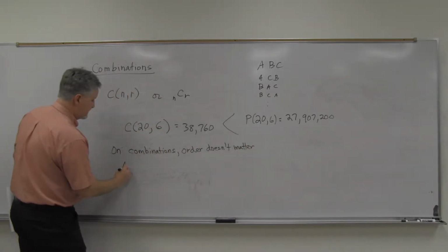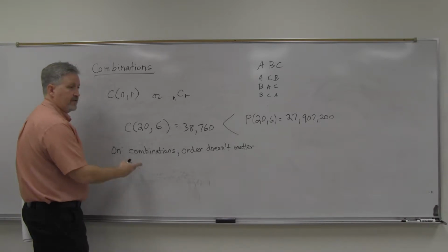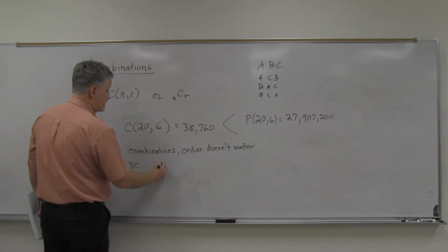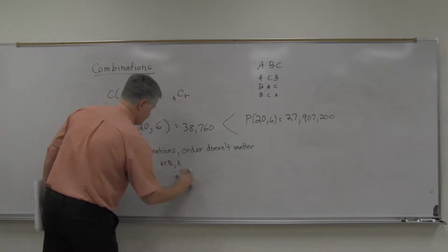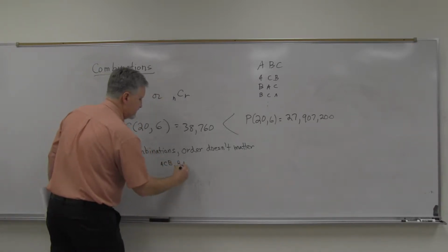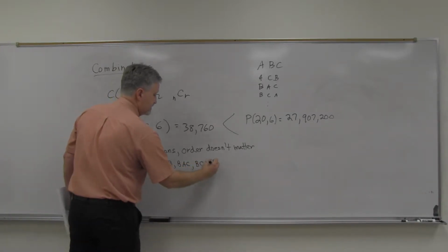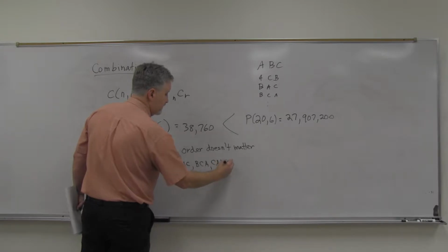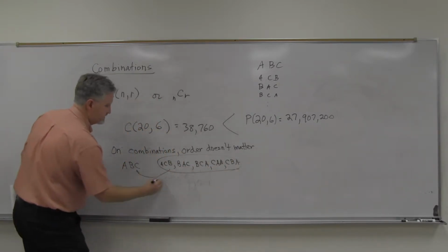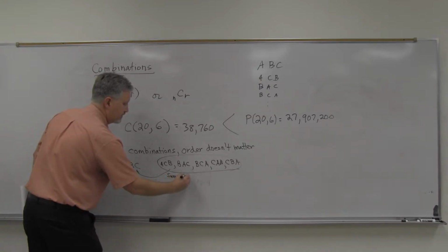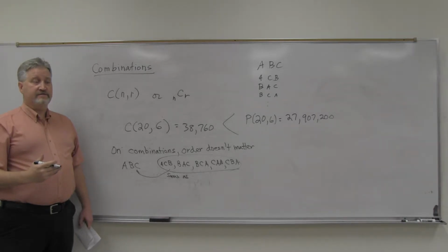In other words, A, B, C: if you rearrange those, A, C, B, B, A, C, B, C, A, C, A, B, C, B, A, those are all the same as A, B, C. The order doesn't matter on combinations.